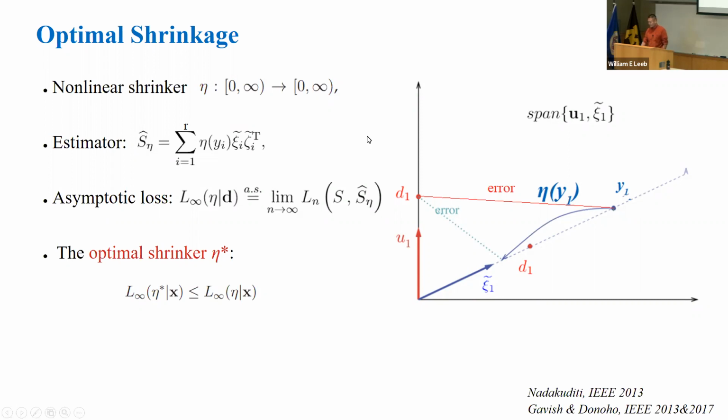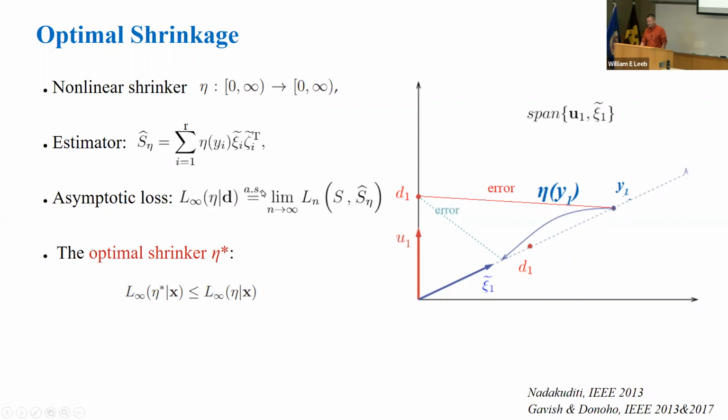The idea of optimal shrinkage has been mentioned before, in the Nadakuditi paper in 2013, and by Matan Gavish and David Donoho in 2013 and 2017. They apply a nonlinear function on the singular values. This is the original error if you don't do anything about the singular values.